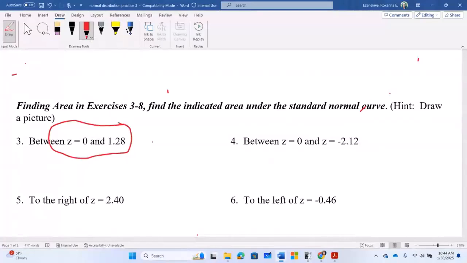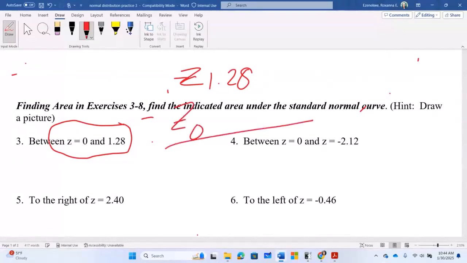You don't have to read the chart, but sometimes students want to. First of all, you tell yourself which one is greater. 1.28 is greater. So Z greater, 1.28, because you're looking for the area between, minus Z smaller, 0, and you subtract.